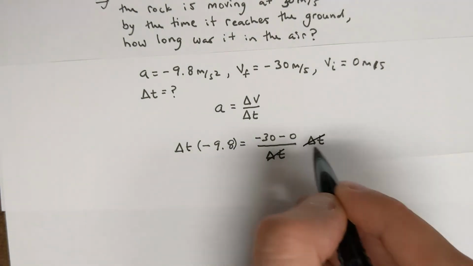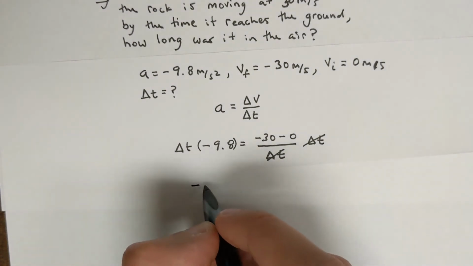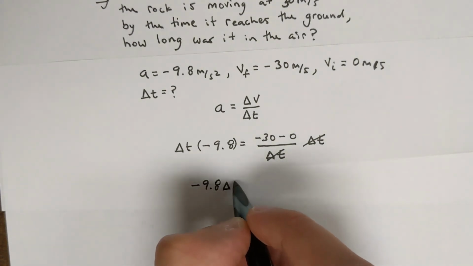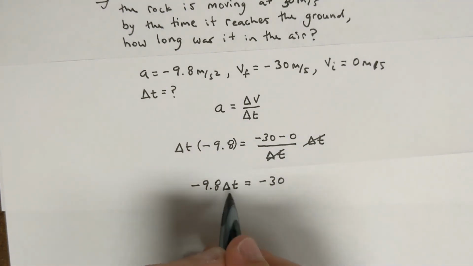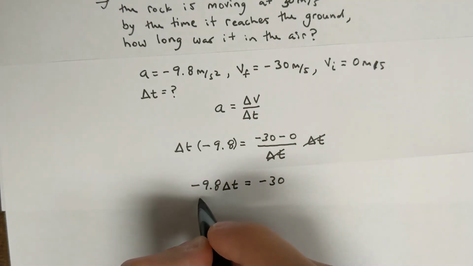So delta t cancels on this side, and we've got negative 9.8 times delta t equals negative 30. And now, remember, we're still trying to solve for delta t, so right now it's being multiplied by negative 9.8, so we need to undo that by dividing both sides of the equation by negative 9.8.